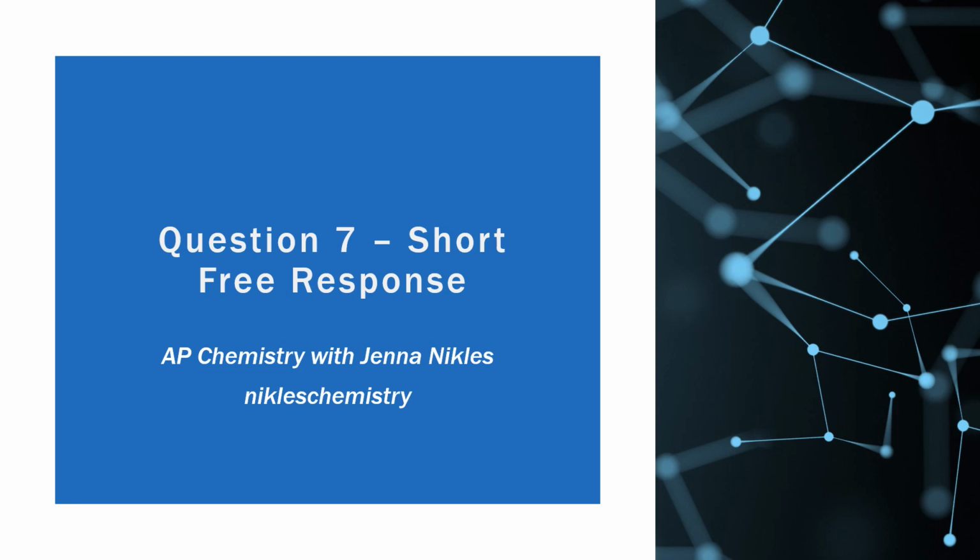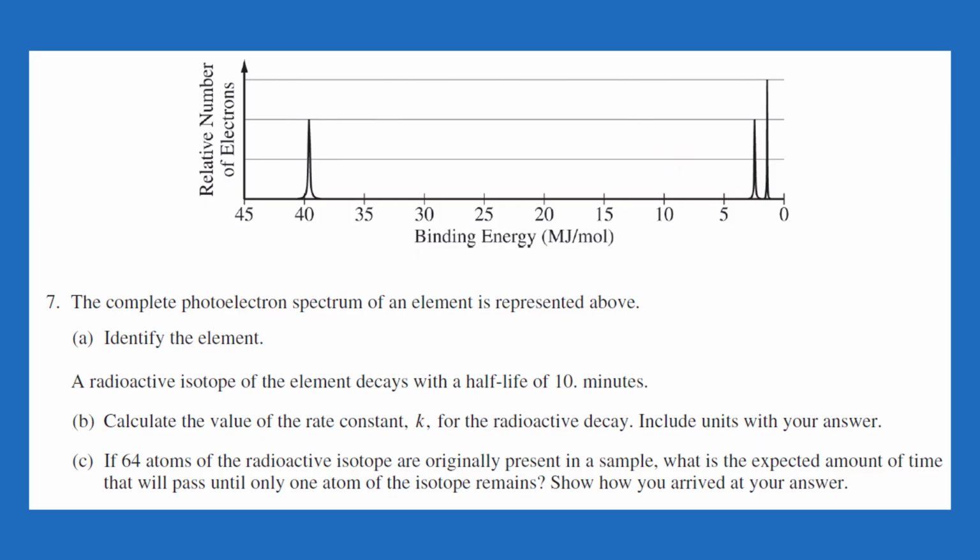And now the last question on this test is your short free response, 4 points. Okay, so we have a complete photoelectron spectrum of an element. Identify the element. We know that the one with the highest binding energy is always 1s, and so that makes this 2s and 2p. The number of electrons: s can only hold 2, and each of these lines represents 1 electron.